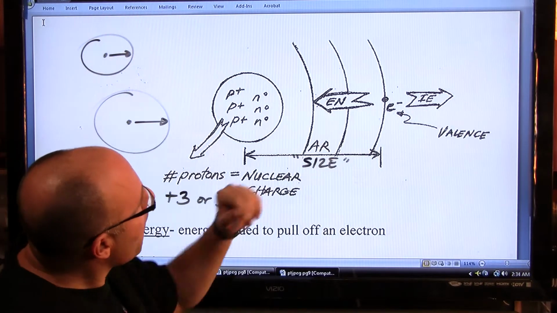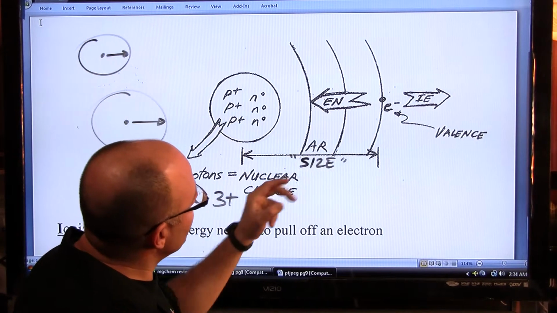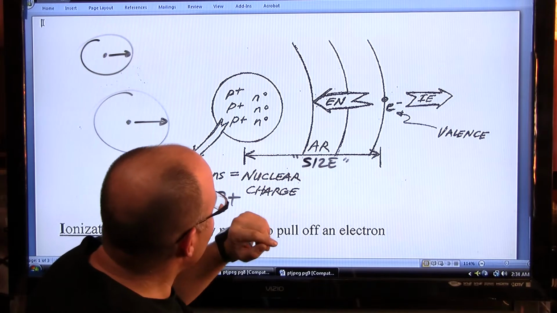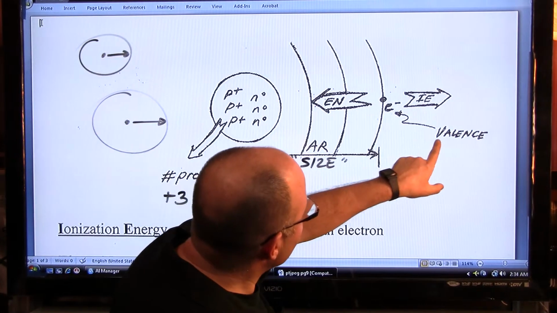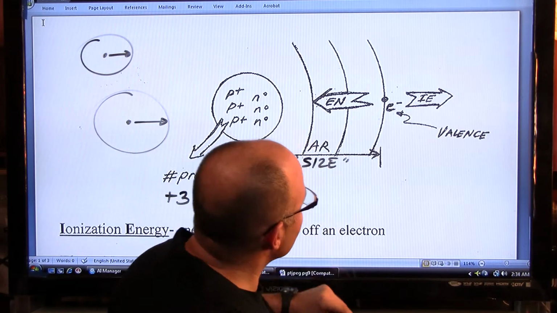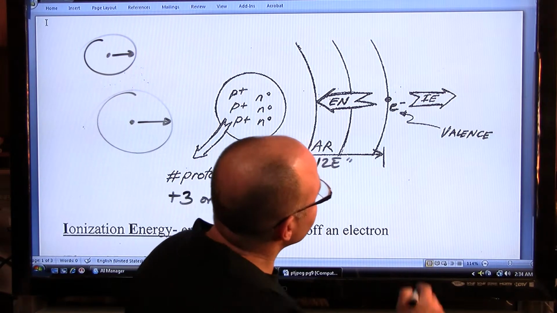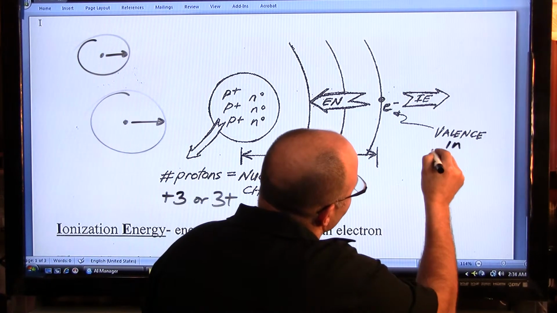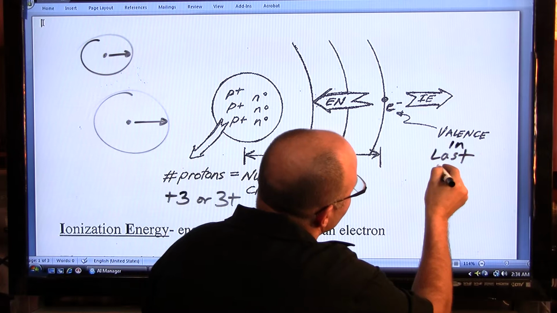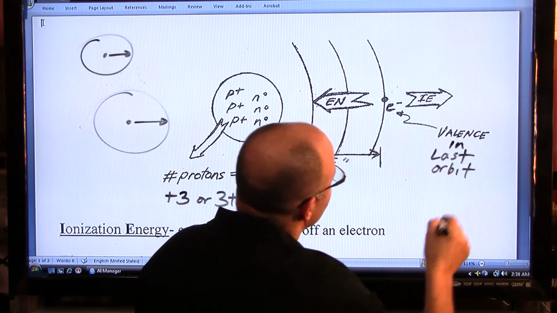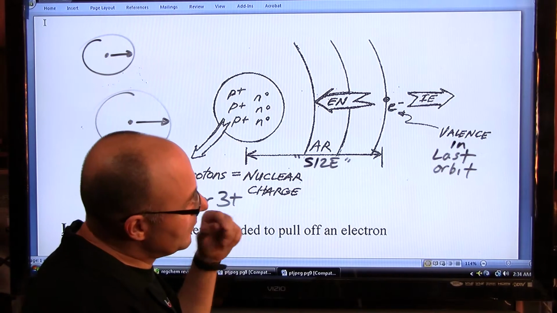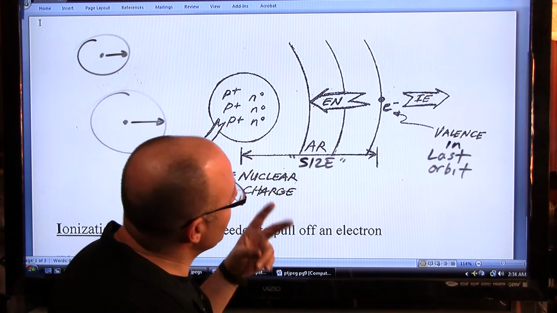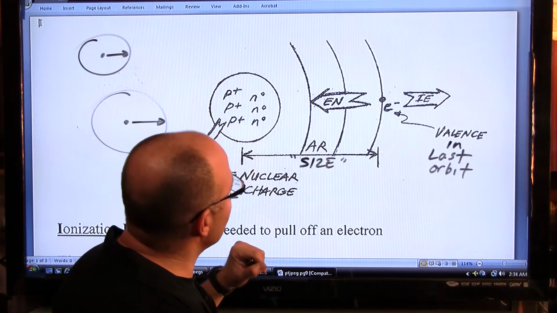And then here, we're looking at 2 other properties besides atomic radius, focusing on a valence electron, which is in the last orbit. That valence electron is subjected to 2 forces.